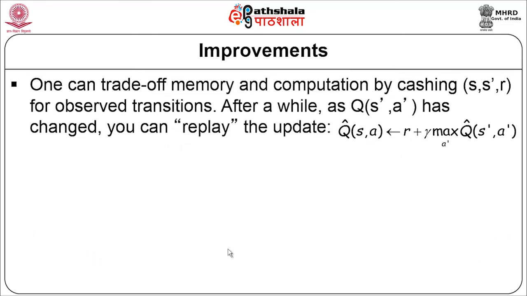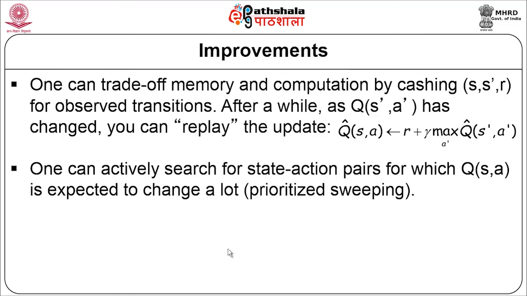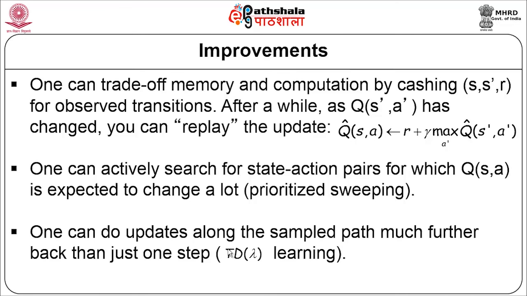Some improvements are as follows. One can trade off memory and computation by caching the (S, S dash, R). After a while, as Q(S dash, A dash) has changed, you replay the update. One can actively search for state-action pairs for which Q(S,A) is expected to change, with some heuristics. One can do updates along the sample path much further back than one step.